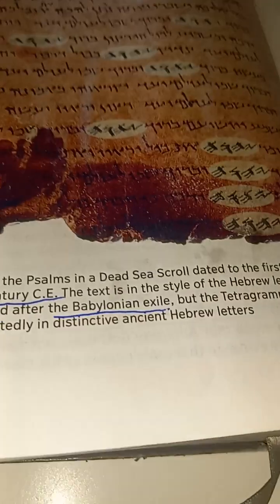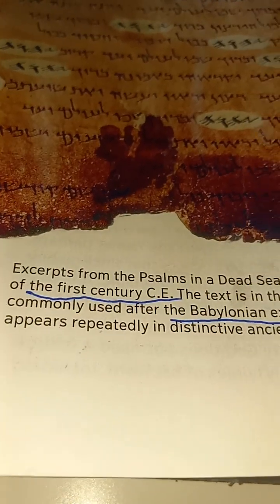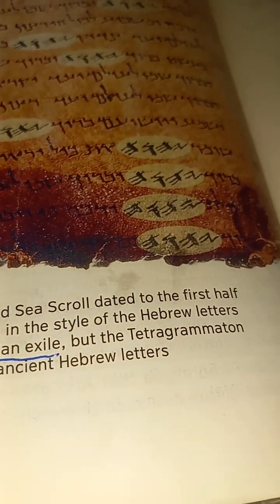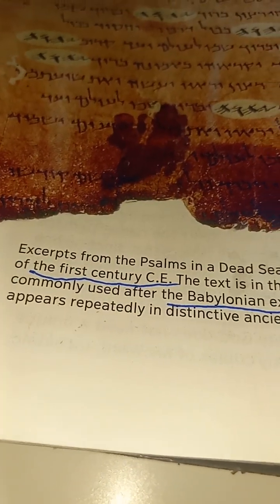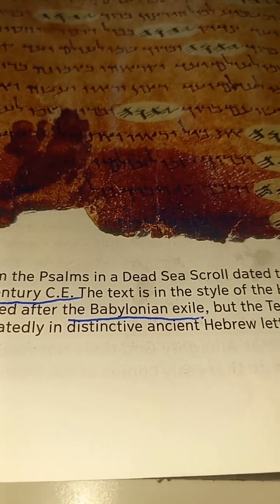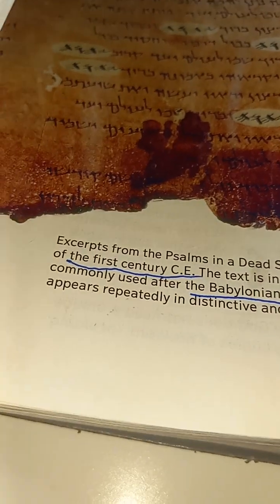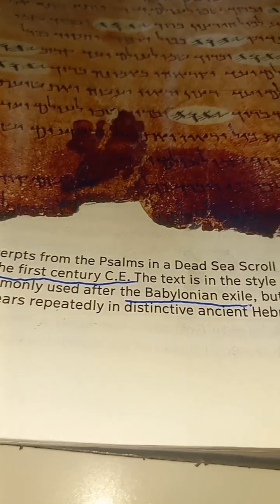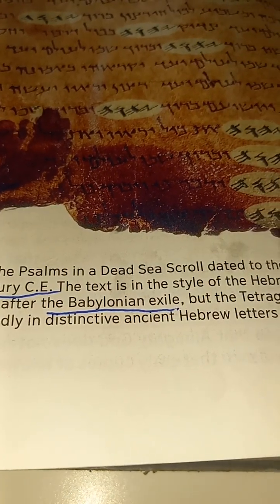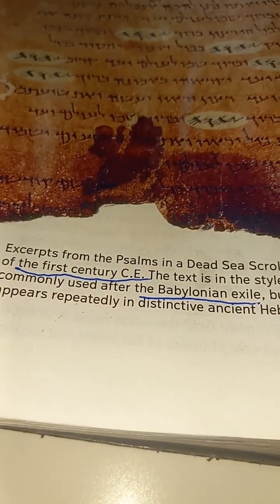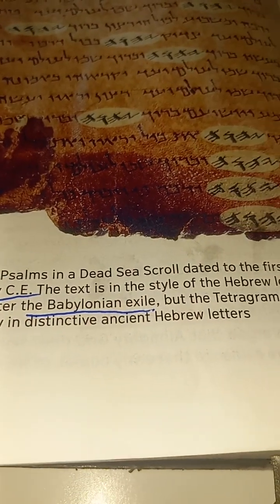But it says right there, Dead Sea Scrolls dated to the first half of the 1st century CE. The text is in the style of the Hebrew letters commonly used after the Babylonian exile, but the Tetragrammaton appears repeatedly in distinctive ancient Hebrew letters.